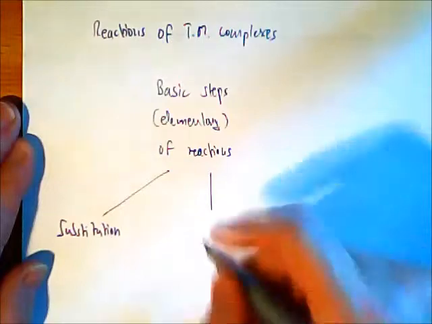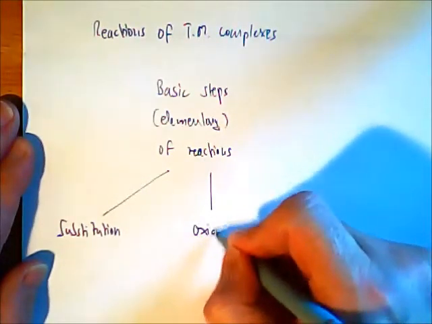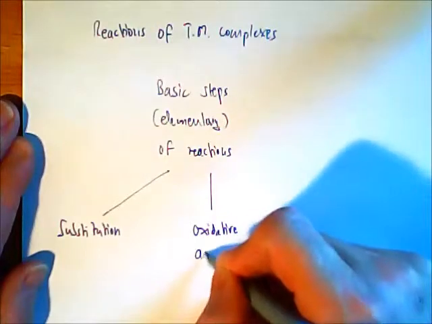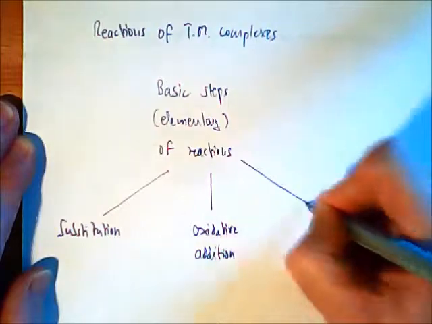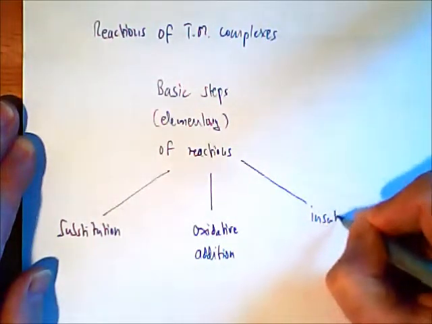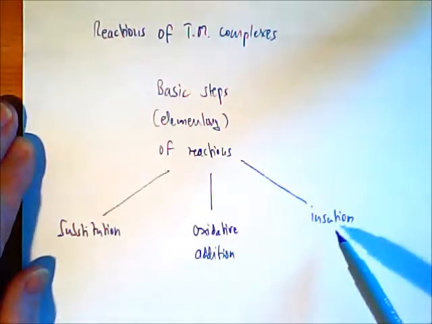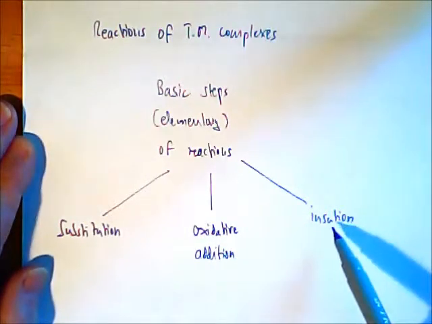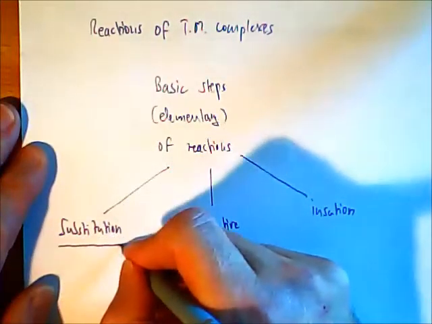The other 2 are more complex. One is called oxidative addition, and number 3, insertion. These 2 reactions are more complex and we will discuss them in the next lesson. Today we will talk about substitution reactions.